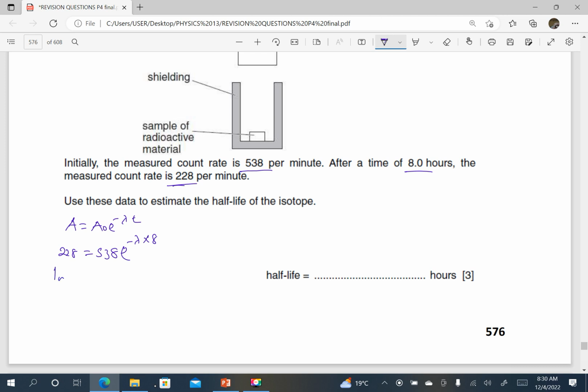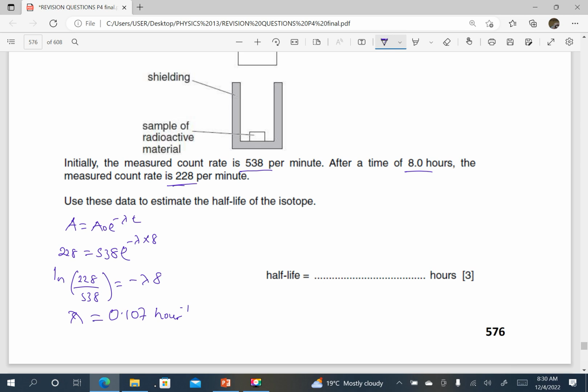So this will be ln of 228 divided by 538 is equal to negative lambda times 8. So what is lambda? So lambda here is 0.107 per hour.